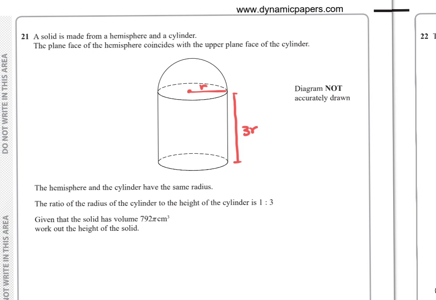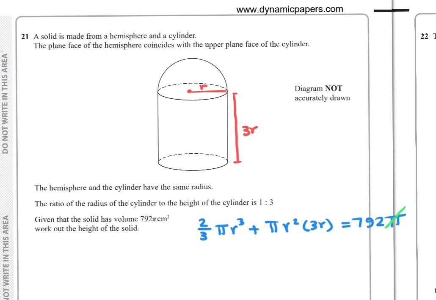The volume of the solid equals the volume of the hemisphere plus the volume of the cylinder. The volume of a sphere is 4 over 3 pi R cubed, so for the hemisphere, 2 over 3 pi R cubed. Plus the volume of the cylinder, pi R squared times the height, which is 3R, equals 792 pi.